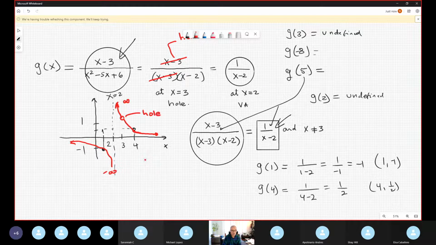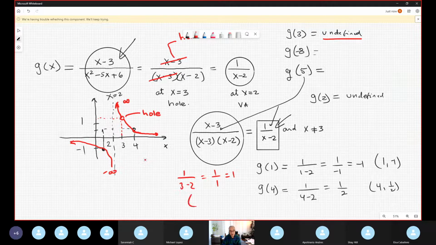And the hole is at 3 comma something, to be undefined. That is the reason it's a hole, no? It's undefined at 3. However, you have to get an idea of what value it lies at. Well, use substitution in the original and after the simplification: 1 over 3 minus 2, which is 1 over 1, which is 1.